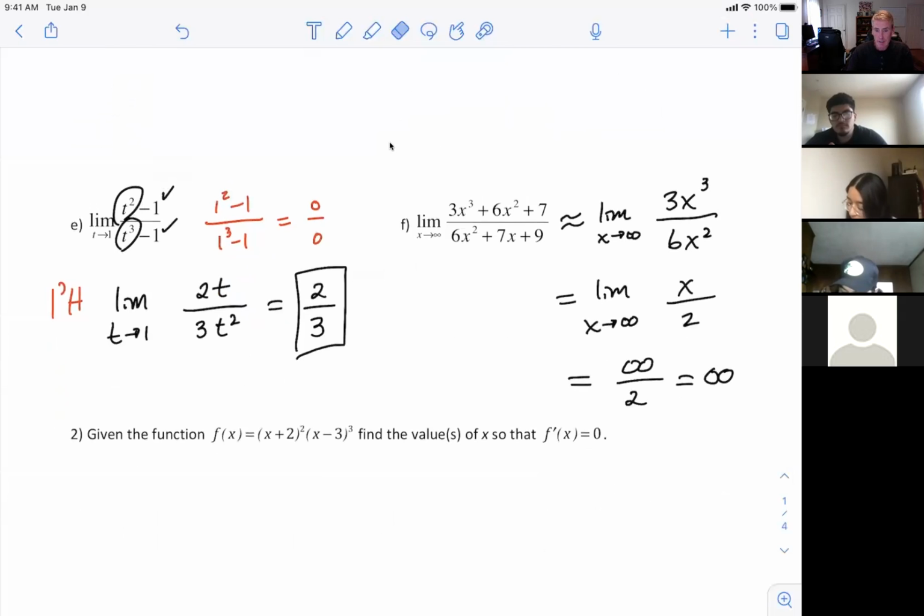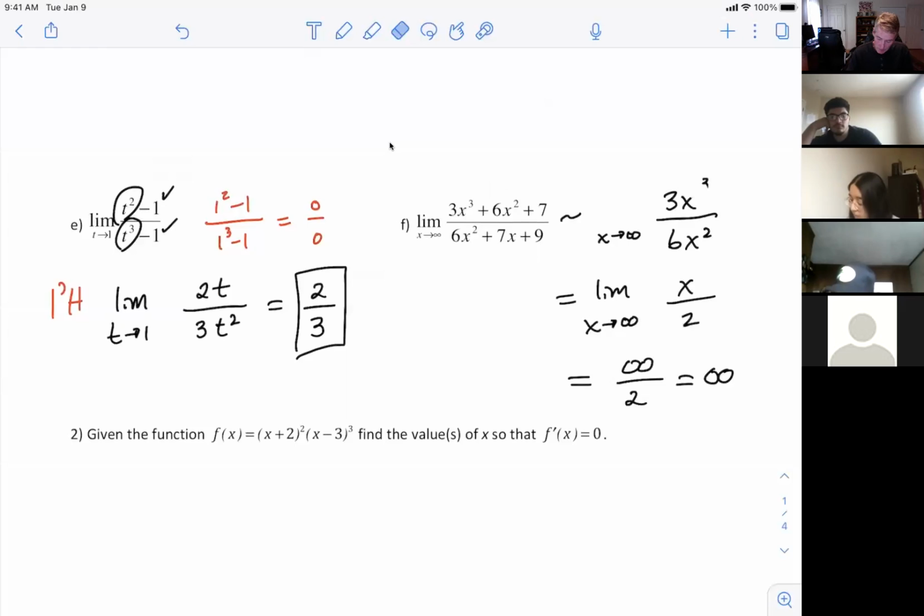So at the beginning, if you were to plug in infinity, the top would be infinity plus 7, so the top would be infinity. And the bottom would be infinity plus 9, so the bottom would be infinity. So that means that for this one, you could also use L'Hopital's rule.